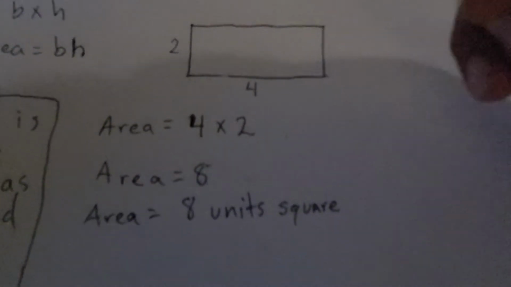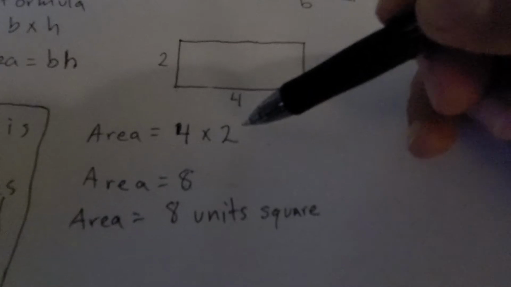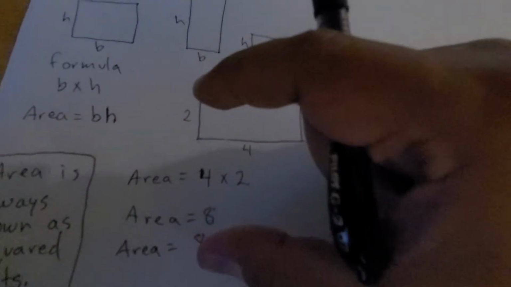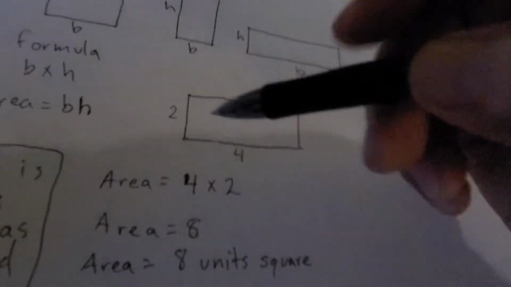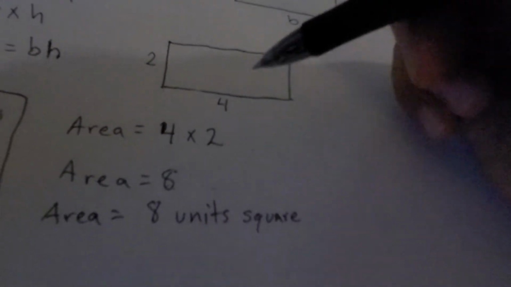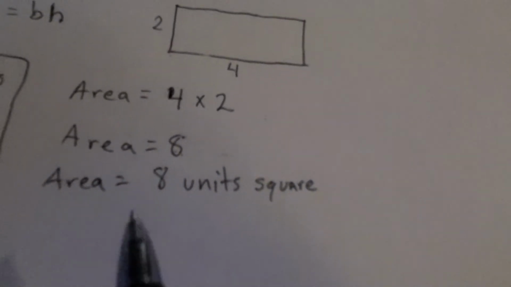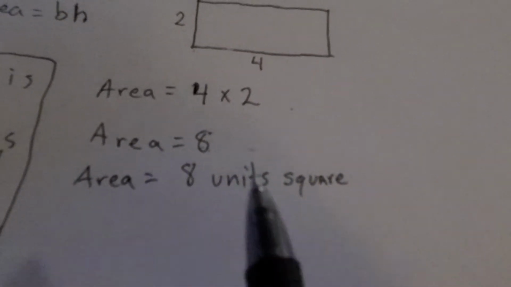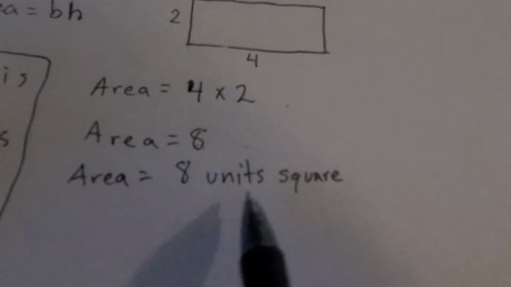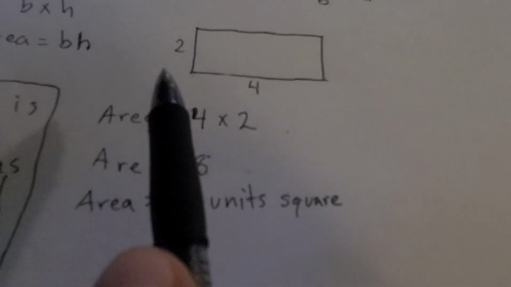If your problem would have been 2 inches and 4 inches, that means it's a little rectangle about that big and that long. That means that our answer would have been 8 inches square. The units represent whatever we're measuring in.